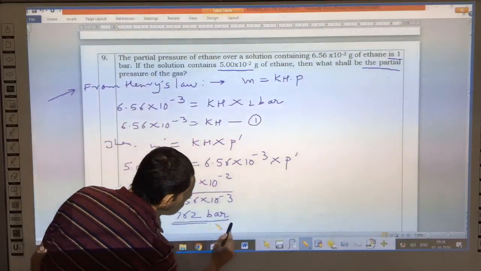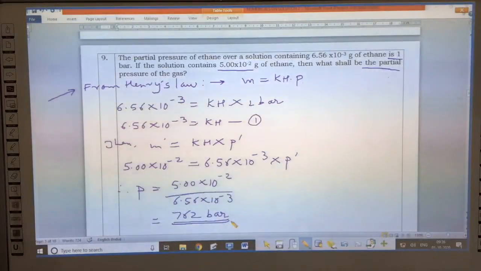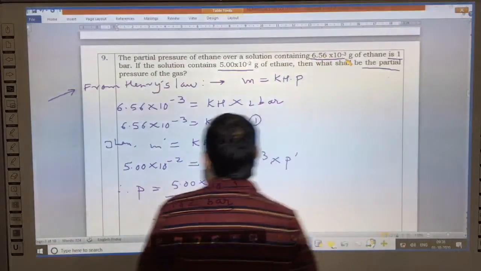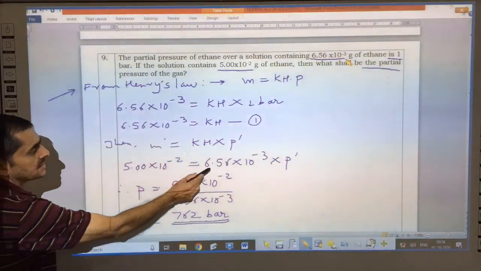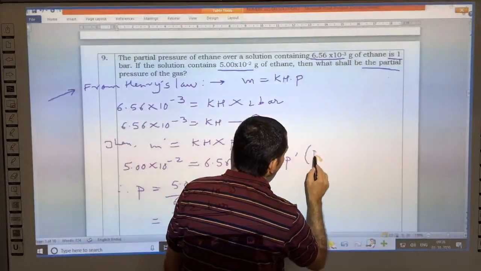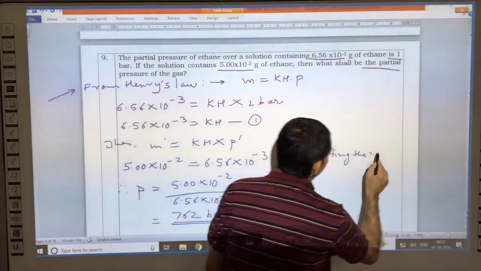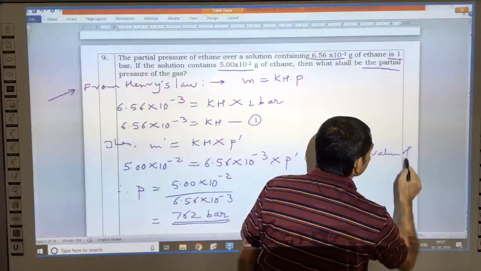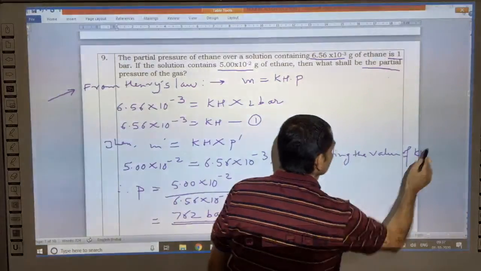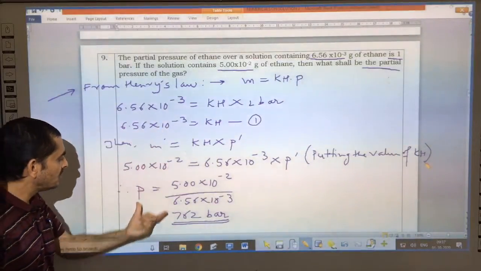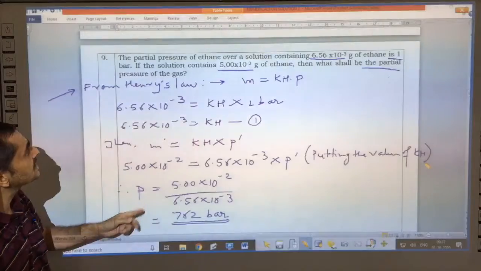It's a very simple question. It is a 1 mark question. First we calculate kH from the first part. Putting the value of kH, Henry's constant, in the second part, we calculate the partial pressure.